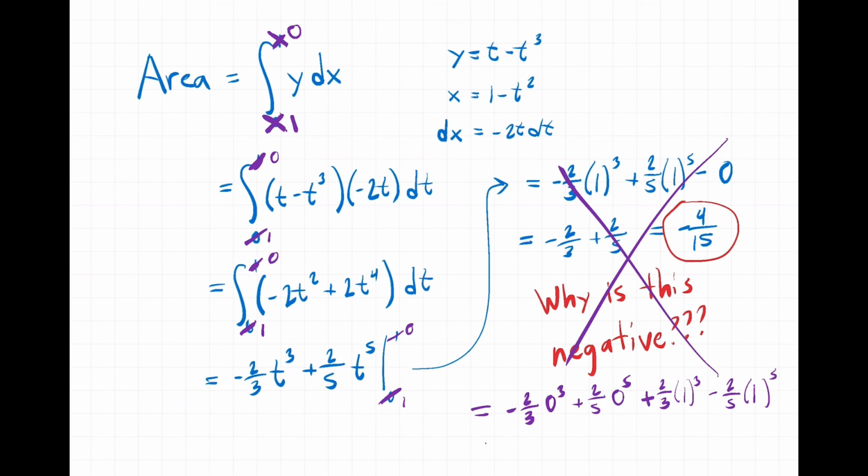And that will give us positive 2/3 minus 2/5, which gives us positive 4/15. So now we have a positive result because we swapped our bounds.